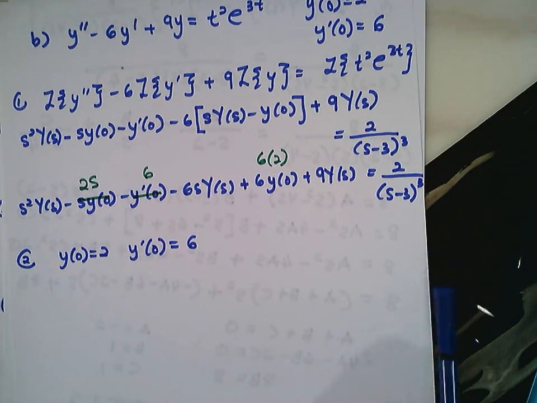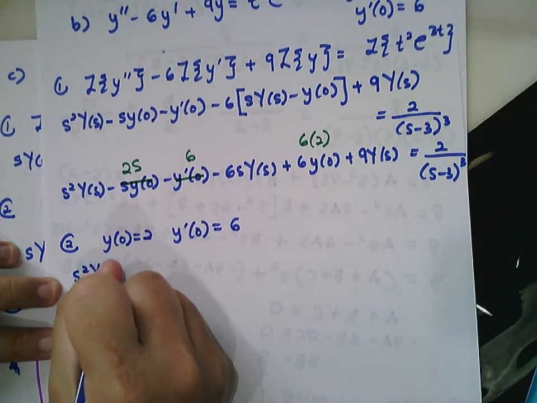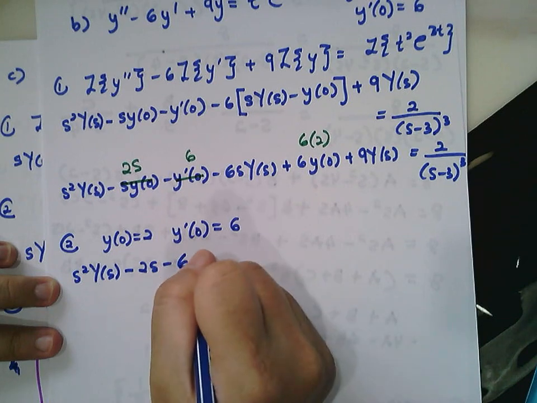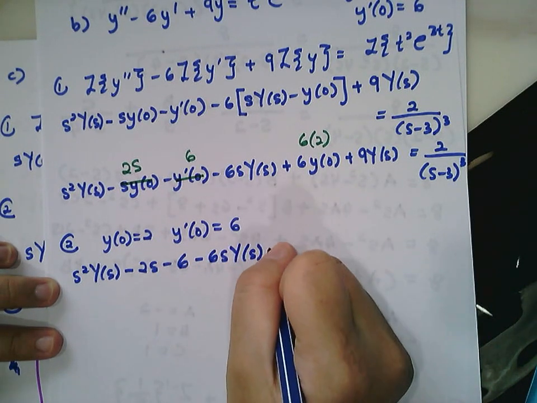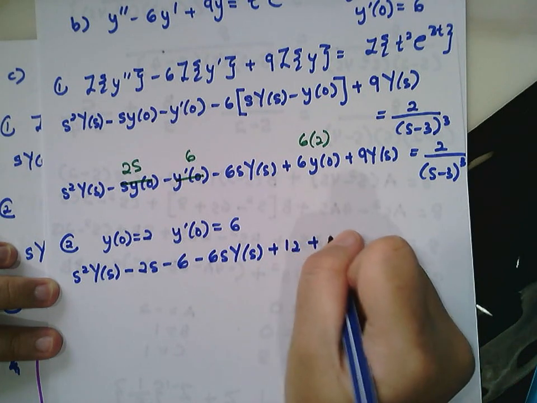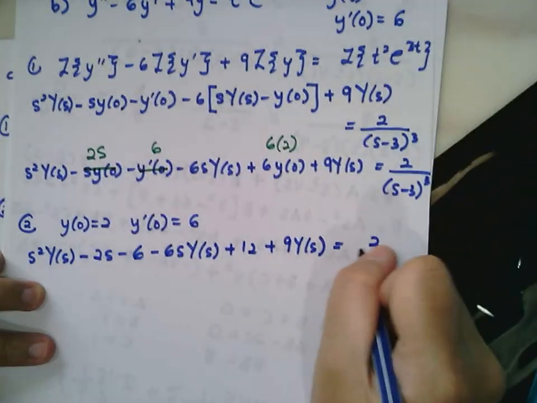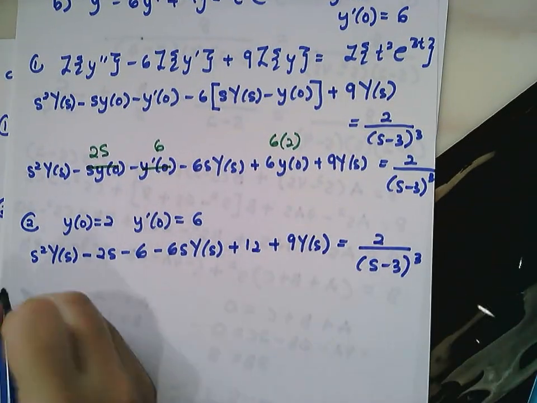Okay, so you will have s squared Y(s) minus 2s minus 6 minus 6s Y(s) plus 12 plus 9Y(s) is equal to 2 over (s minus 3) cubed.